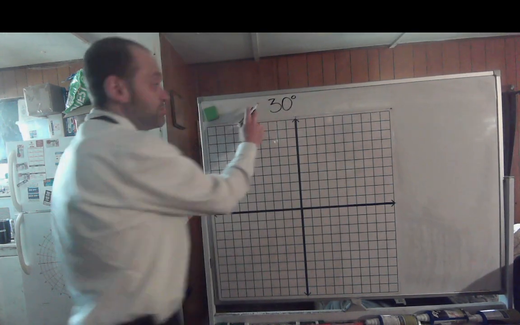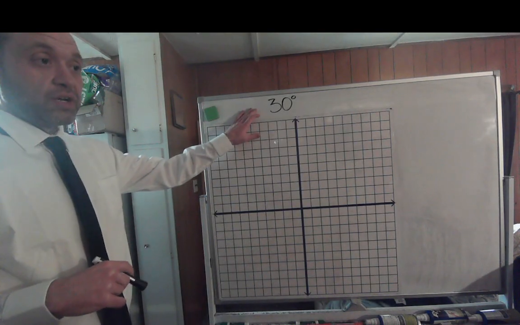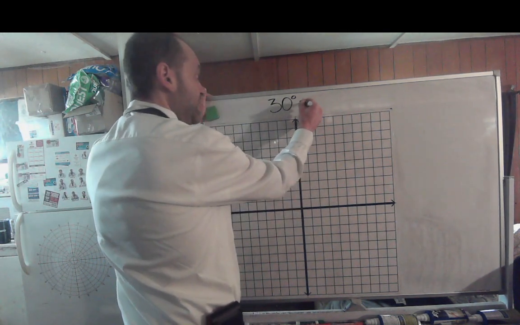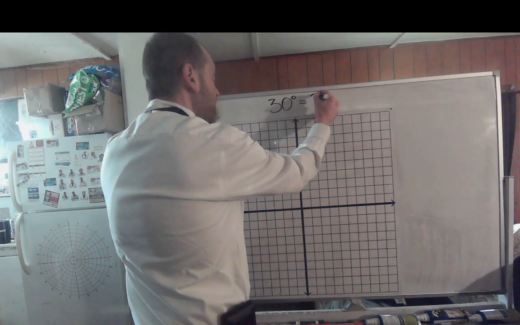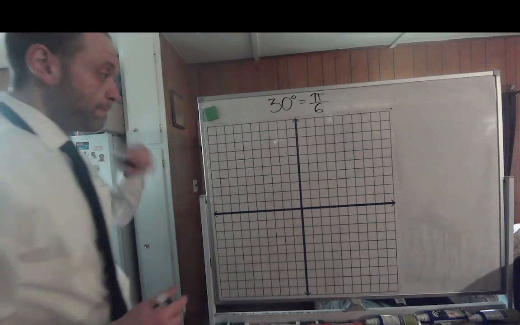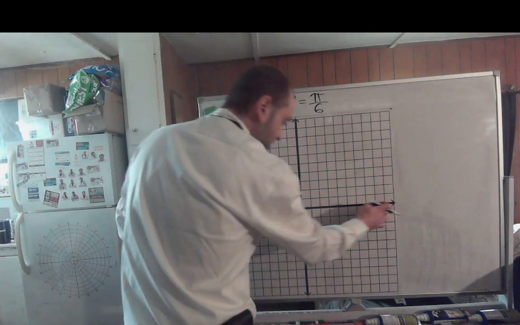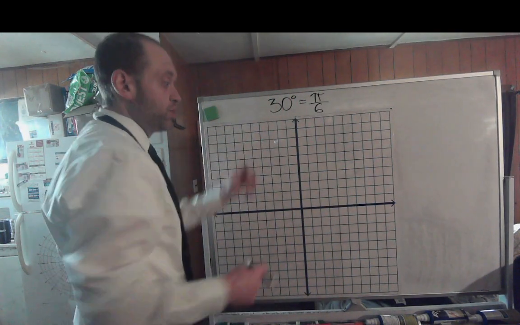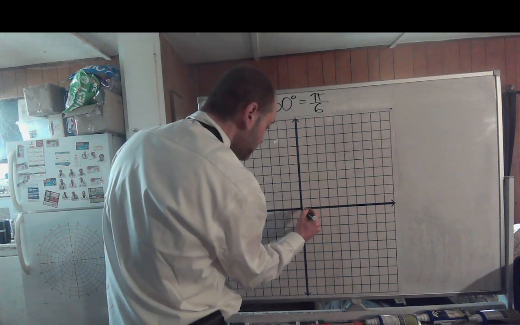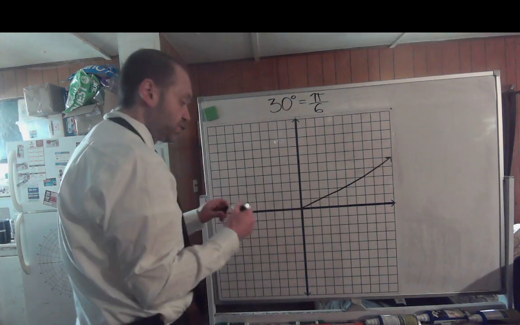And these are going to be rough drawings. 30 degrees, which we know is the exact same thing as pi over 6 radians. So, in standard position, from the x-axis, if it's a positive angle, you're going counterclockwise. So a 30-degree angle looks roughly like so. That's about a 30-degree angle.